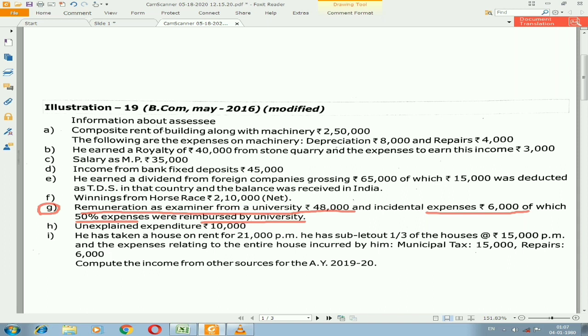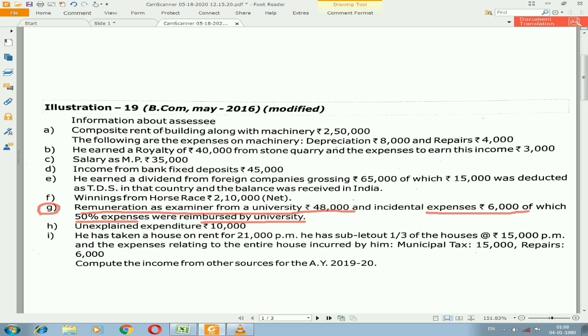And also that 50% of expenses is reimbursed by the university. Total expenditure is 6,000. On that, 50% is given by the university. So that only we are supposed to take. The other 50% may be given by the institution, so we are not supposed to take that. Only that 50% of the expenses we are supposed to take under other sources.